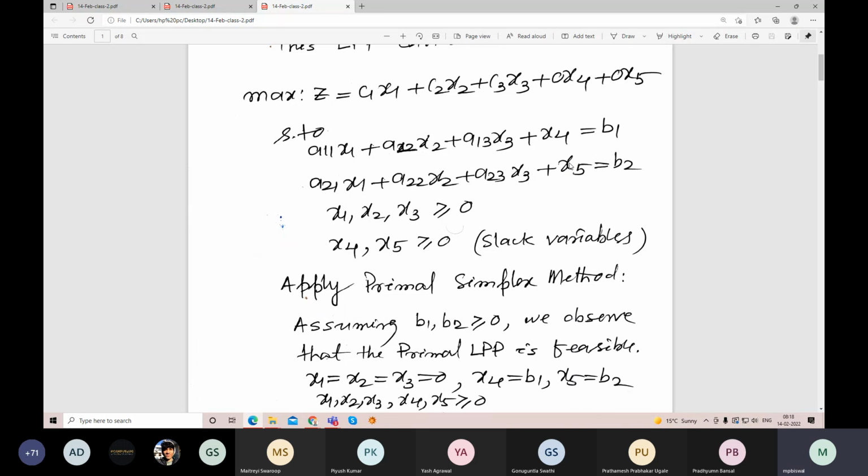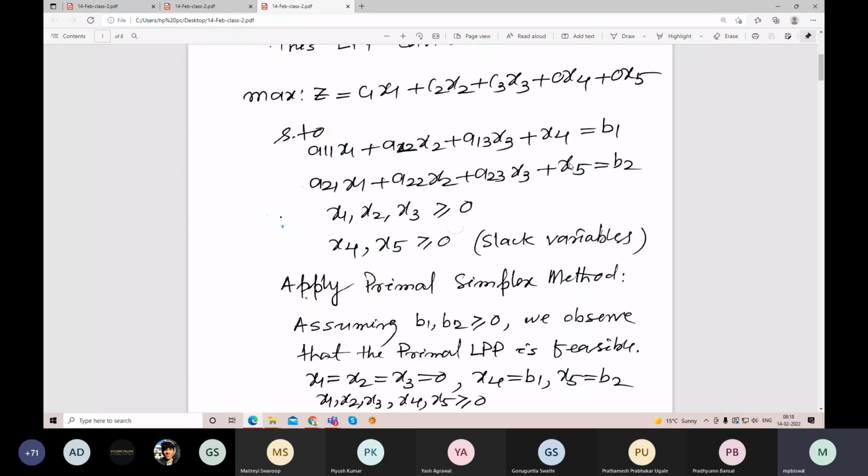I am repeating again. There are 5 variables, 2 equations. Here x4 and x5 are dependent; x4 can be expressed in terms of x1, x2, x3, and x5 can be expressed in terms of x1, x2, x3.